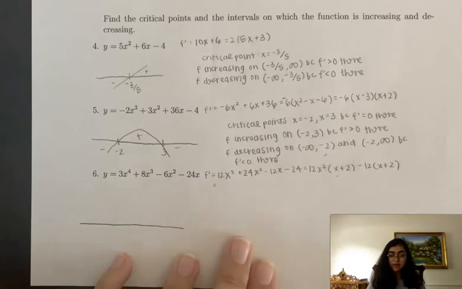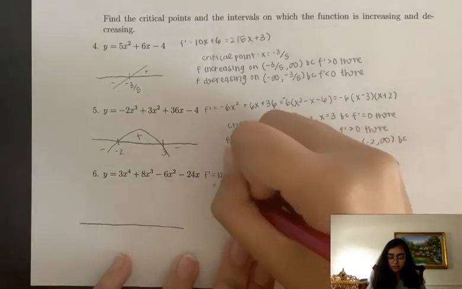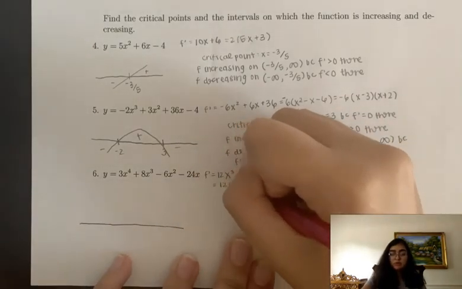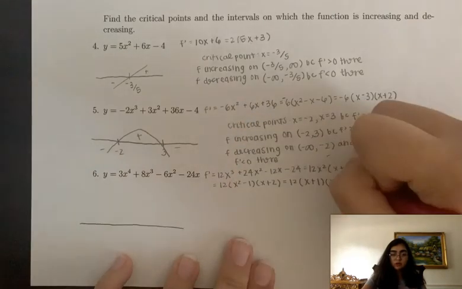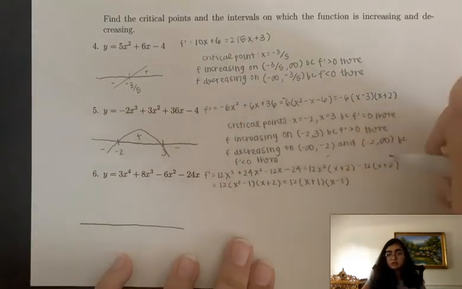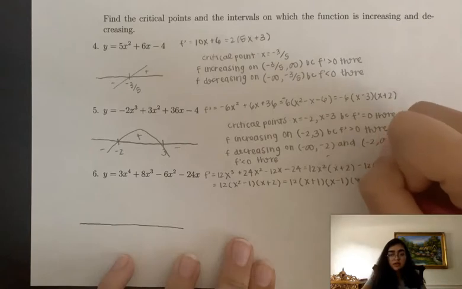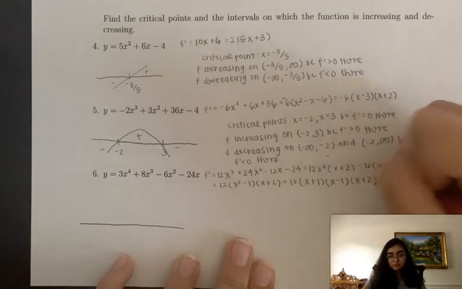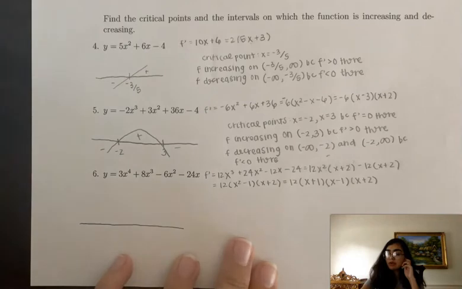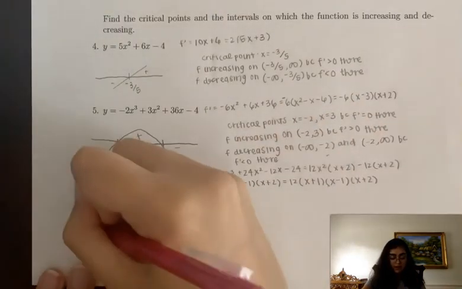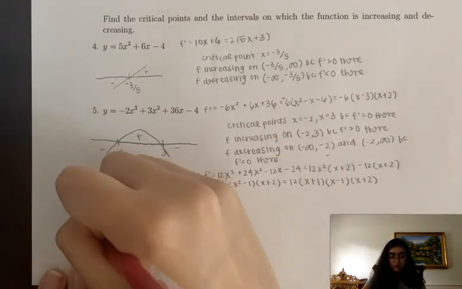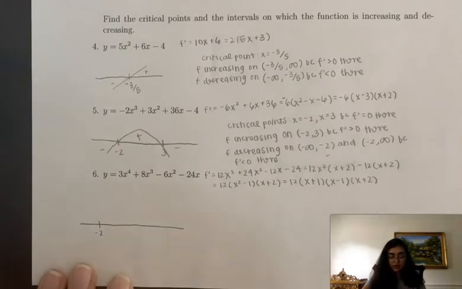And I can actually factor x squared minus 1 more to get a final completely factored answer of 12 times x plus 1 times x minus 1 times x plus 2. So we know that we're going to have points on our sign chart at -2, -1, and 1.